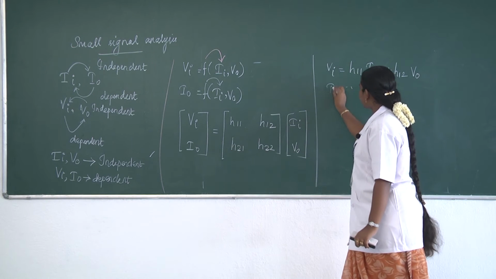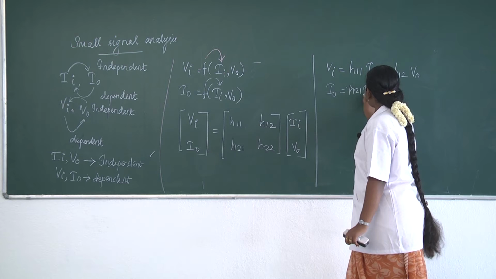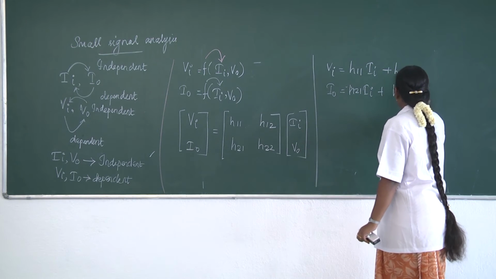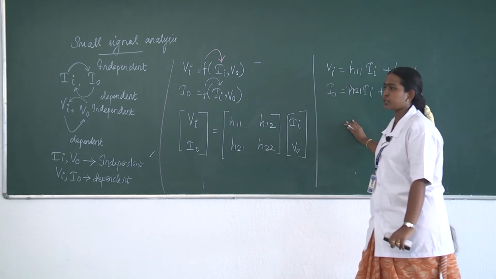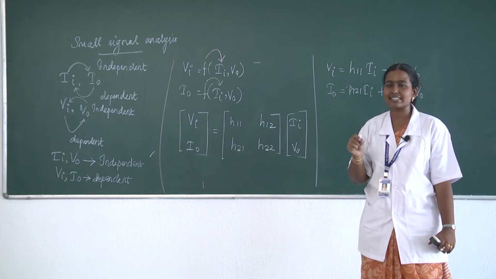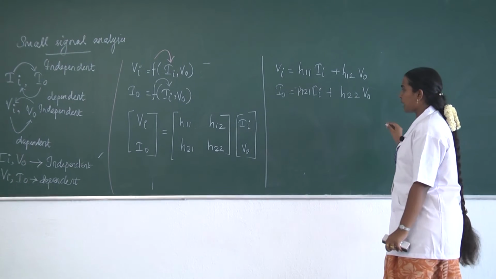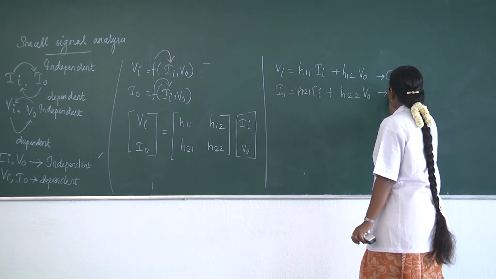For this we have to write it as I naught is equal to H21 into II plus H22 into V naught. So now we have the two equations. From this equation only we are going to draw the small signal equivalent circuit for the transistor. So this is a basic equation. So we can name it as 1 and this equation as 2.